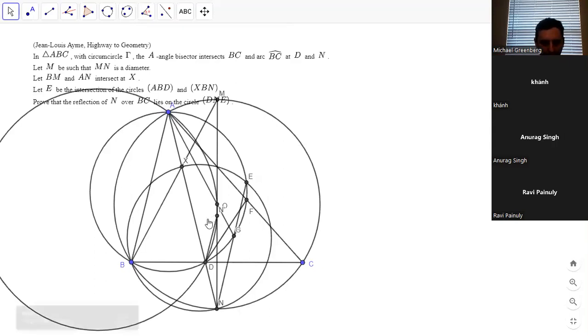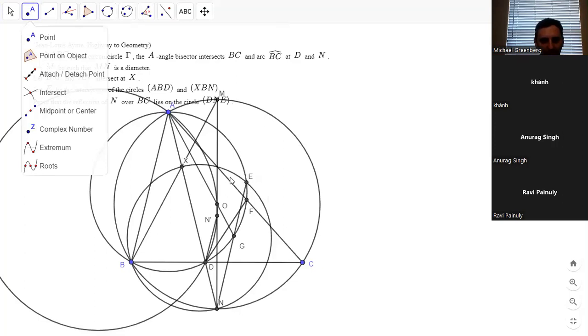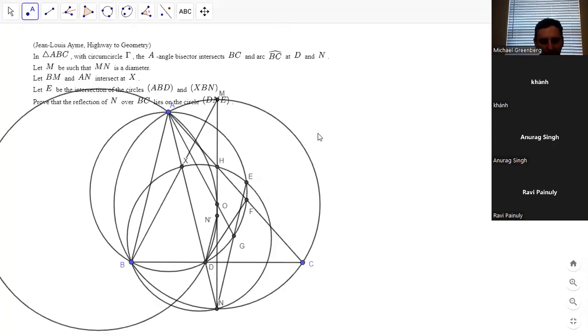Actually, AC and MN also meet on the circle. Oh, really? Okay. And once we know all, we can prove it by an angle chase. You just need to show the angle between AC and MN would have to equal, oh wait, so angle BXN is half of arc BN plus AM.